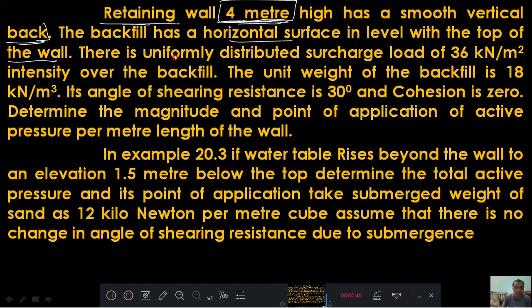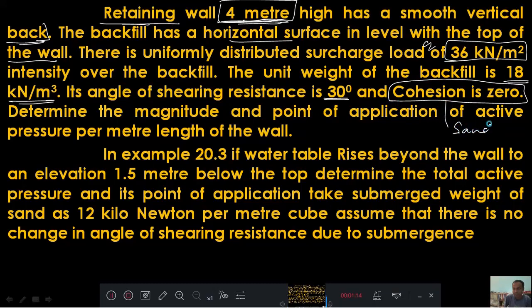There is a uniformly distributed surcharge load, UDL, of 36 kilonewton per meter square over the backfill. The unit weight of the backfill is 18 kilonewton per meter cube, the angle of shearing resistance is 30 degrees, and cohesion is 0, which means this is a sandy soil. Determine the magnitude and point of application of active earth pressure.